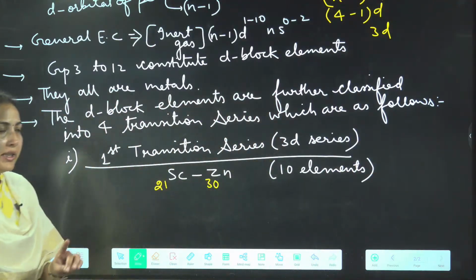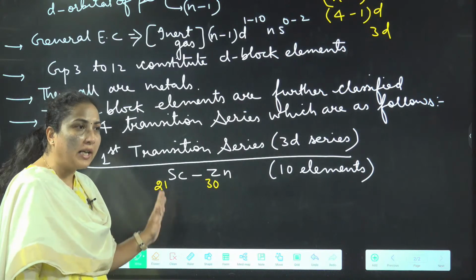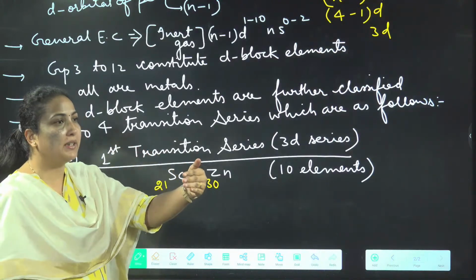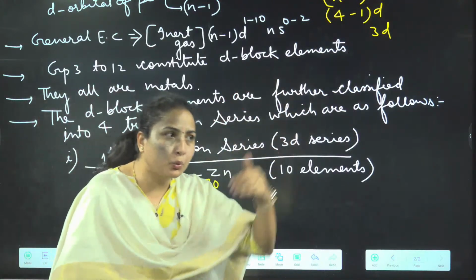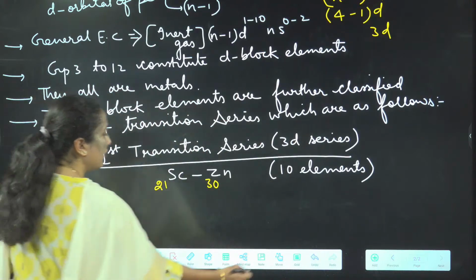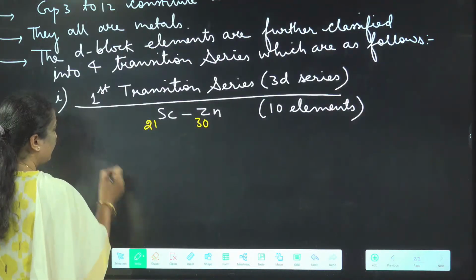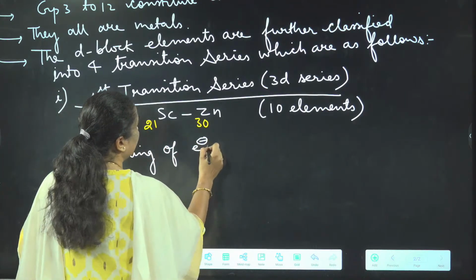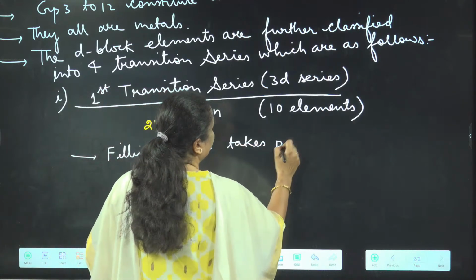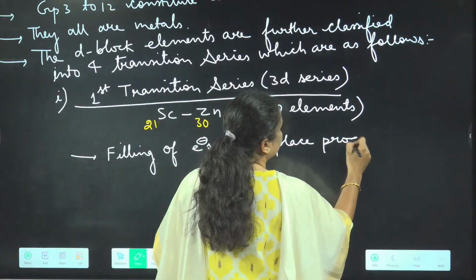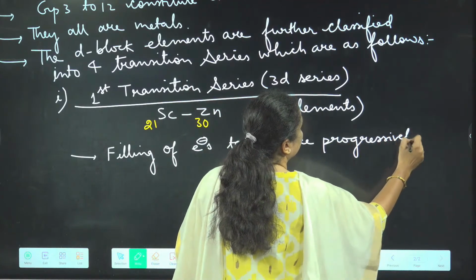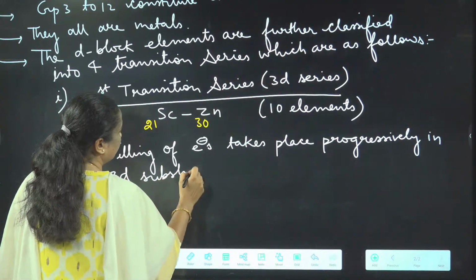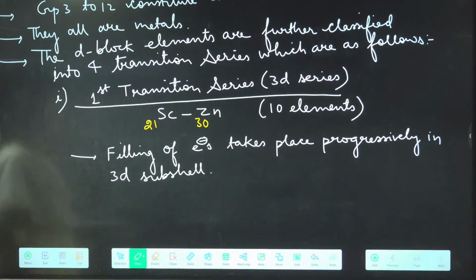Now why do we call it 3D series? Because when you start from scandium and move up to zinc, 3D subshell is progressively filled by the electrons, like 1 electron, 2 electron, up to 10. That's the reason it is known as 3D series. So we'll write down here, filling of electrons takes place progressively in 3D subshell, right? That's what is first transition series.